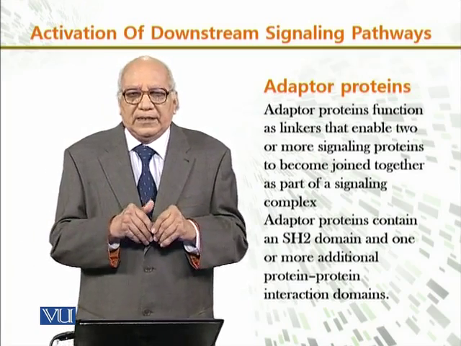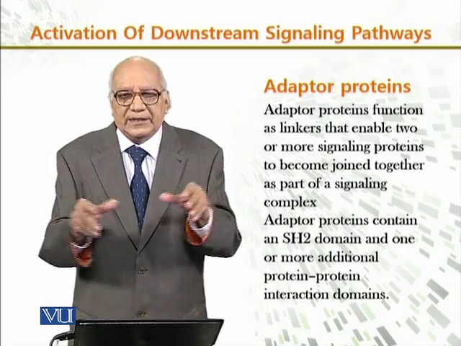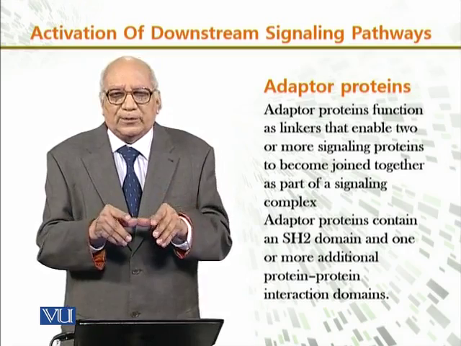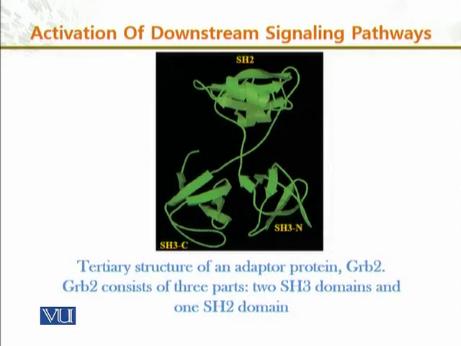They contain an SH2 domain and one or more additional domains, where they interact with each other to control the cell signaling. For example, as I have been saying time and again, these are the tertiary structure of adapter proteins. Mind you, proteins have three structures: primary, secondary, and tertiary.